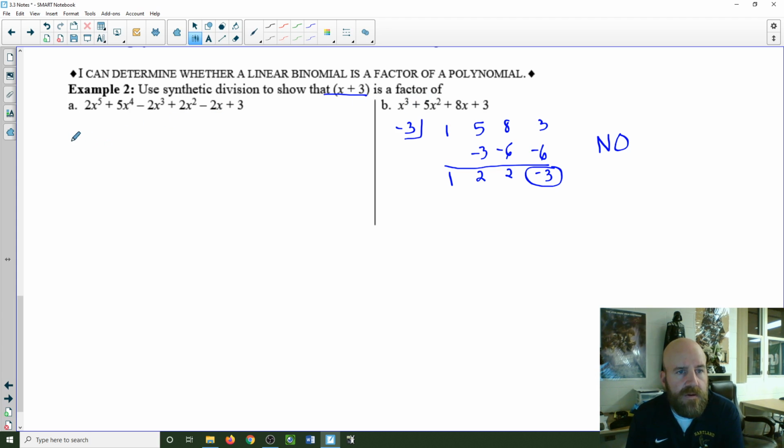Okay. I guess we can do this one real quick. So negative 3 again. Write out our coefficients. Drop down, we're going to multiply.